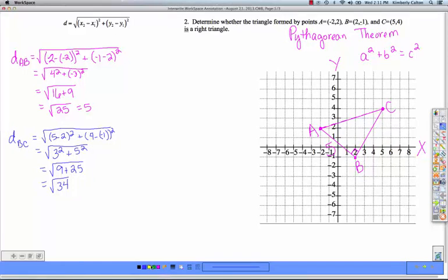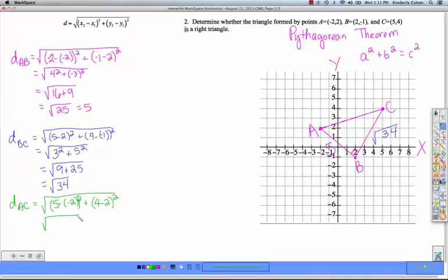And the last one, we'll change to one more different color. We're now going to find the distance between A and C. And we should probably go ahead and label this one. This is the square root of 34. And so when we find A and C, we're going to do 5 minus negative 2 squared plus 4 minus 2 squared.